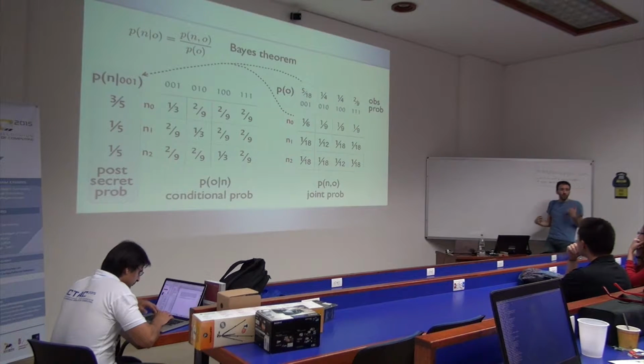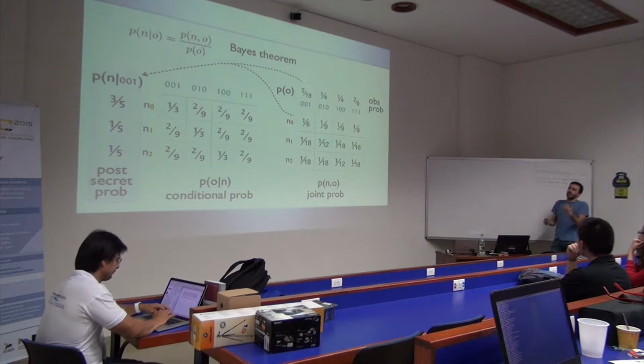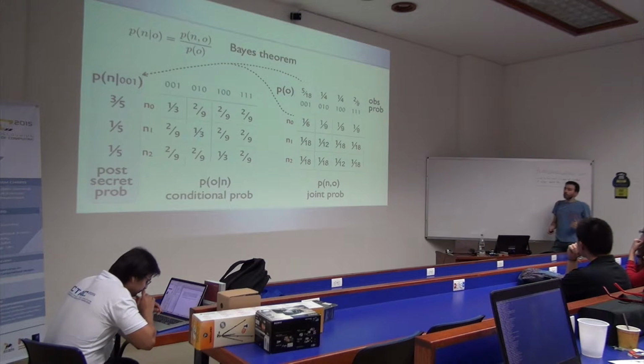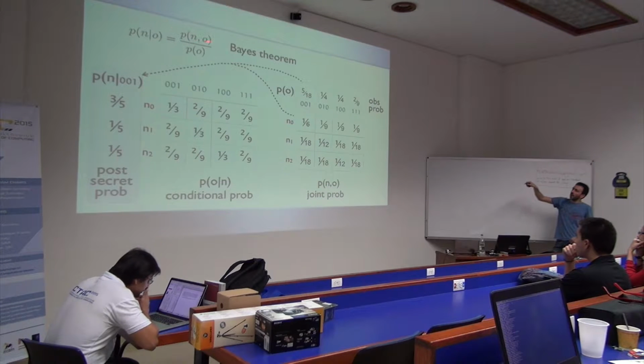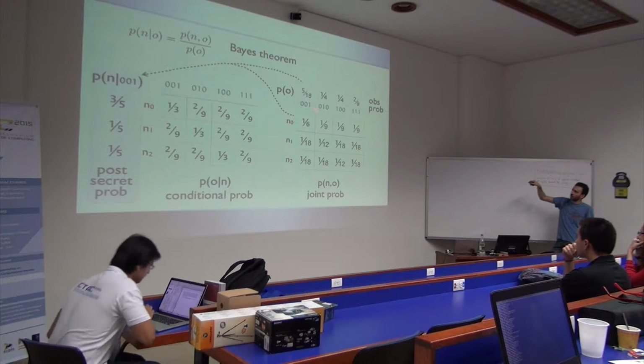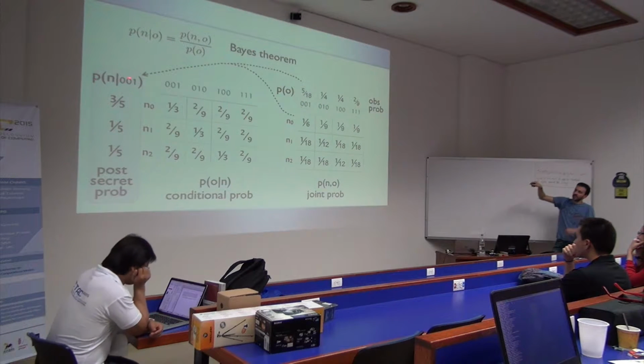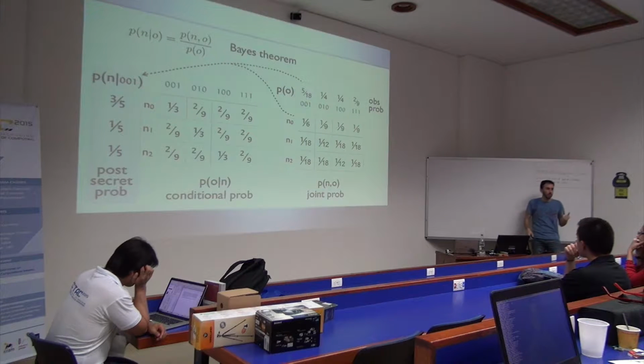This is my posterior. This tells me how likely is every user given my observation. And this will be given by the joint divided over the marginal. So I just need to take this one and this one, divide one with the other, and this creates back a posterior probability.